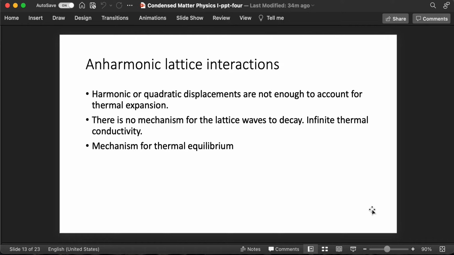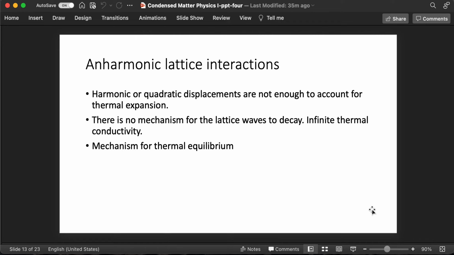Also, there has to be a way for the solid to achieve thermal equilibrium. That is, if I apply a thermal gradient and then remove it, the solid should relax back to the original state. Or if I hold one end of the solid at one temperature T1, that is possible only when there is a mechanism for thermal equilibrium.